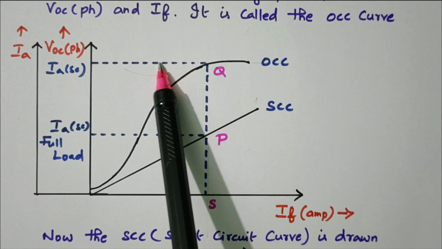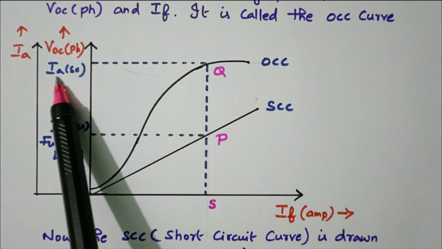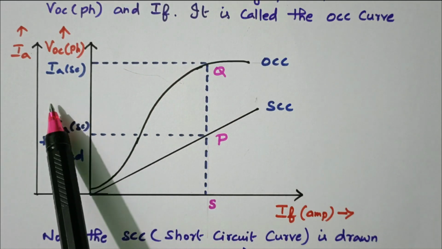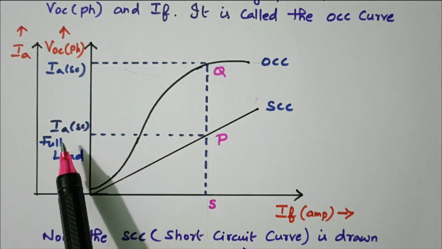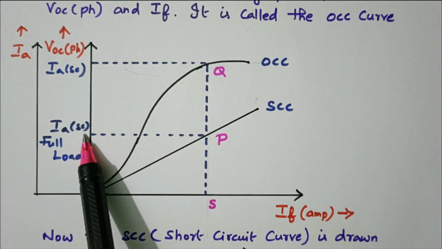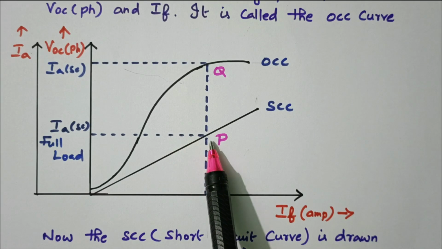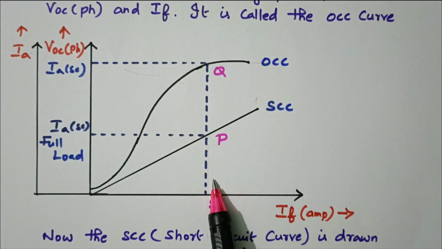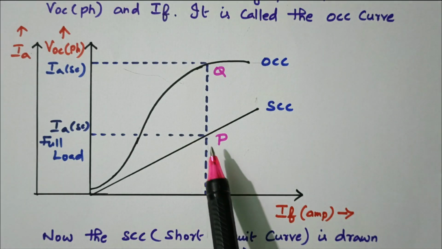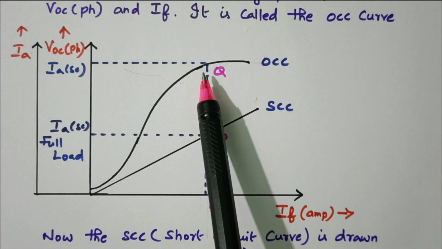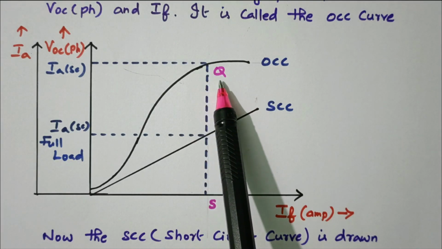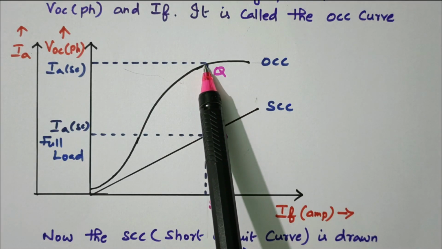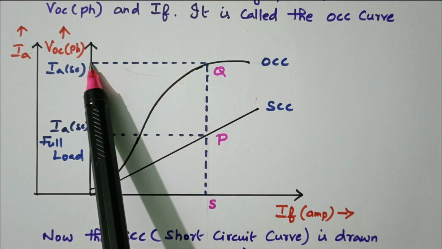The corresponding current is called the short circuit current, IASC. So I will repeat again. From the full load armature current, draw the line where it cuts, that is the point P. Then draw the line downwards, where it cuts the x-axis is point S. Draw the line upward where it cuts the OCC curve, that is point Q. From the point Q, draw the corresponding line to the y-axis.